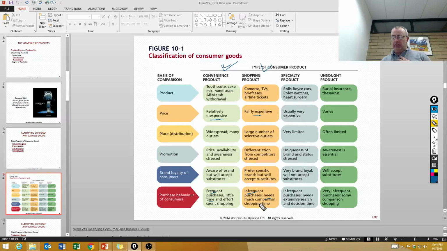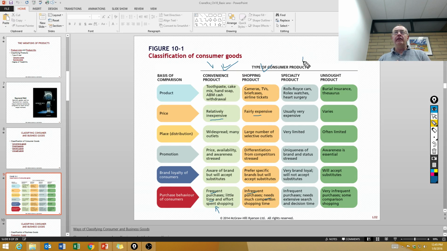Good examples are clothing and your smartphone, because when we look for these things, we spend more time and we look at the style, the quality, the price, and we're becoming more and more conscious of the brand. When we purchase convenience goods, we accept lots of different substitutes. When you're buying gasoline, sometimes we're loyal to our local gas station, but sometimes we're not.